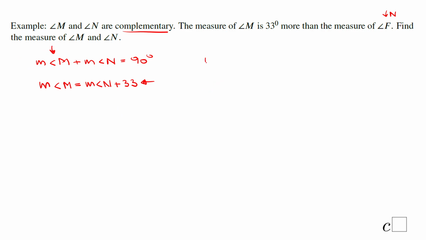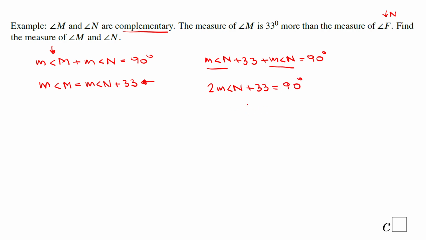So we have the measure of angle N plus 33 plus the measure of angle N equals 90. We have here these two terms that are alike, and if you do not like writing the measure of angle N, you can simply call it X. So we have 2 times the measure of angle N plus 33 equals 90 degrees.